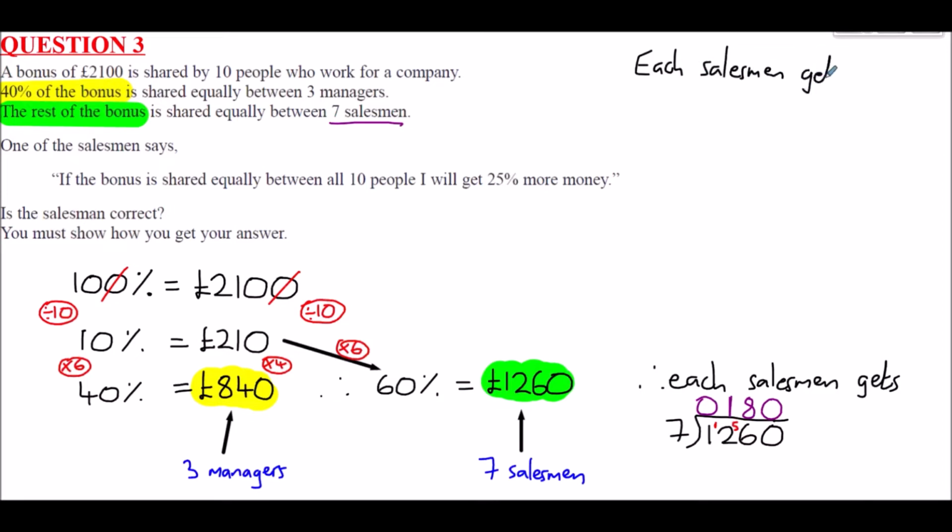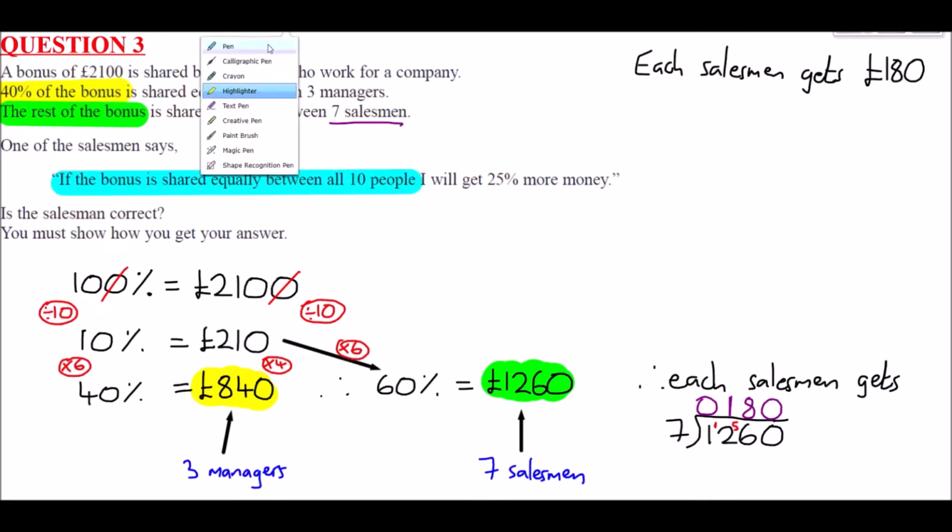We can now compare what each salesman gets with what the salesman is saying. So one of the salesmen says, if the bonus is shared equally between all 10 people, I'd get 25% more money. Well, if the bonus was shared equally between all 10 people, how much money would each person get? Now that's quite easy to work out.